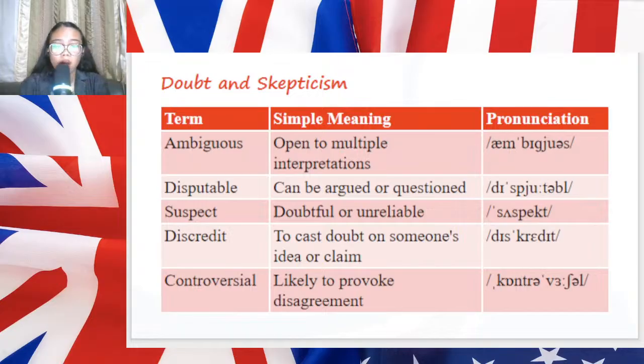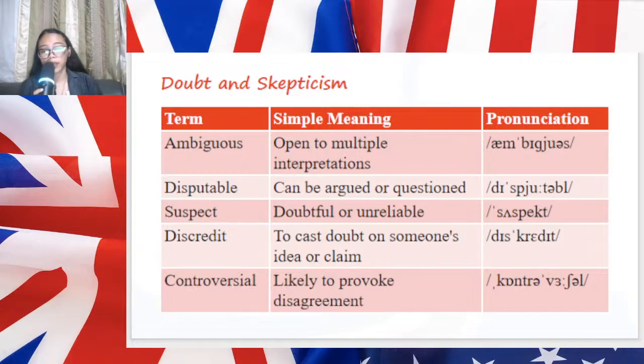When it comes to pronunciation, suspect. There are only two syllables, starting with sus, which has a soft vowel sound in the middle, and before and after it has the letter S sound. So this part is our stressed syllable, sus. Then pect.